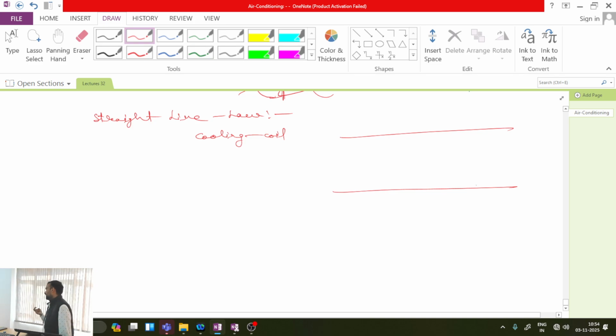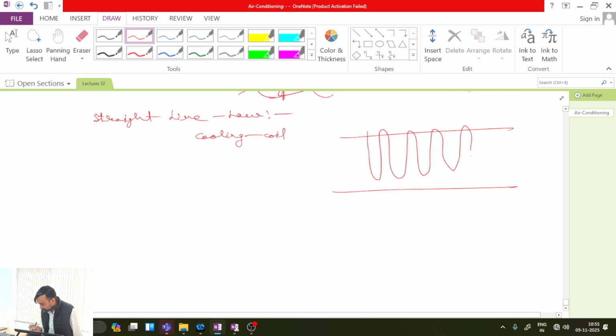Usually what happens in the AC? Have you seen the window AC? In the window AC, there is some coil like this. Inside that coil, what is happening? Refrigerant is flowing in the evaporator, and over that coil you have some arrangement like this. What are these?